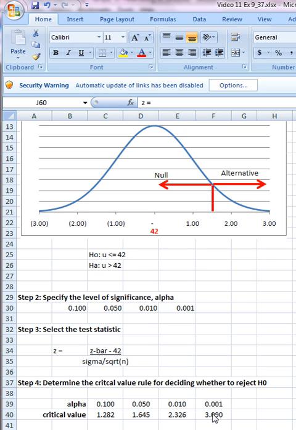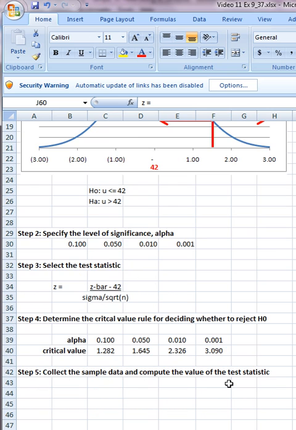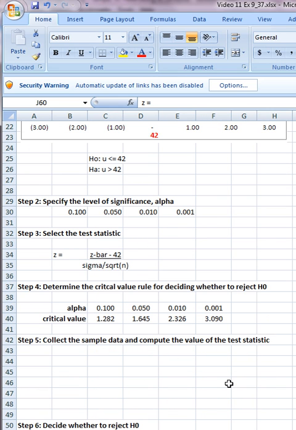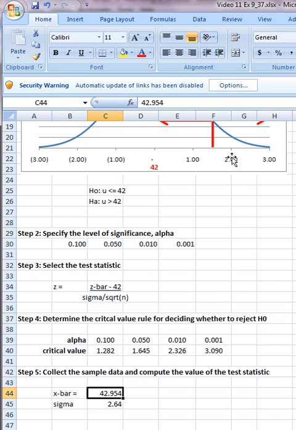Well, let's move on then and ask ourselves, what does the sample data really tell us? We're told in this particular problem that the x bar, the sample mean, the average value of the sample of 65 customers we sampled was 42.954. Now that's good news because 42.9 is greater than 42, but how much bigger is it really?